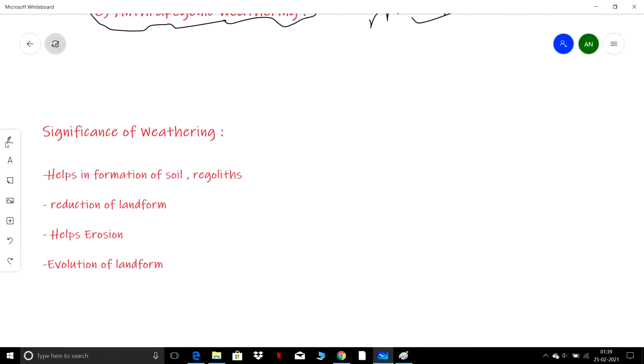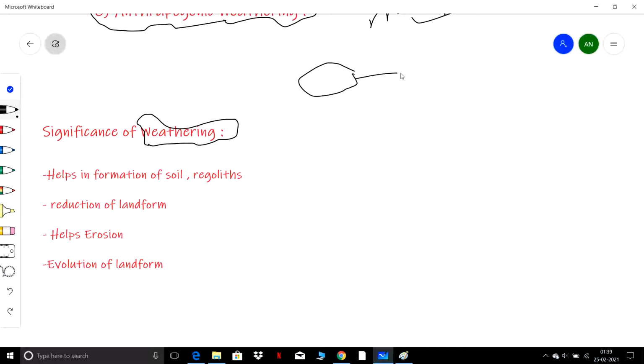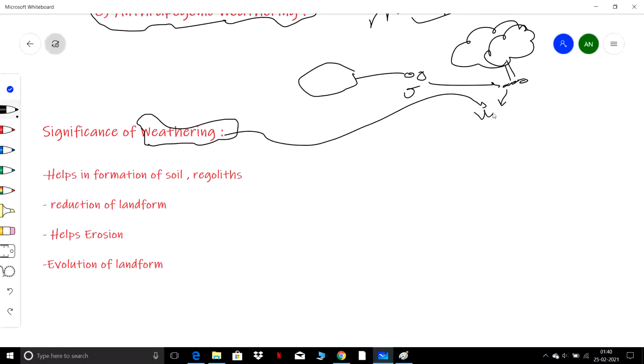Okay, now let's discuss the significance of weathering. Why is weathering important, why is it needed? As we all know, in weathering a rock disintegrates into smaller rocks, which disintegrate into soil. This soil, which is also called regolith, is important for vegetation, where trees and forests grow on these soils, and hence the weathering process is important in vegetation and farming.